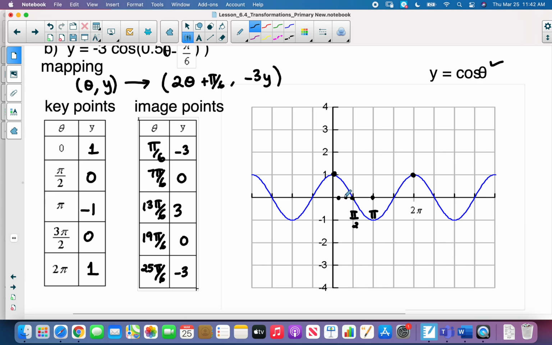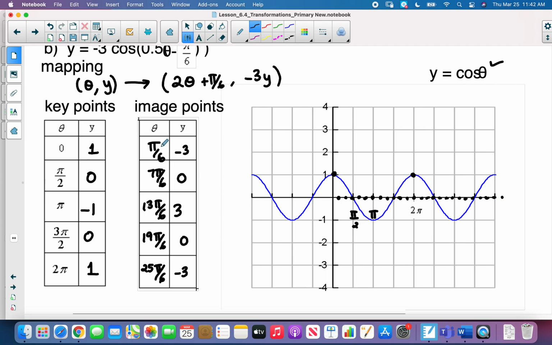So 1 pi over 6, 2 pi over 6, 3 pi over 6, up through 6 pi over 6, 7 pi over 6, 8 pi over 6, and so on up to 25.